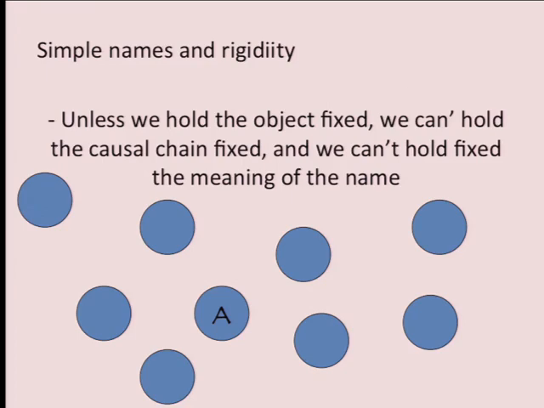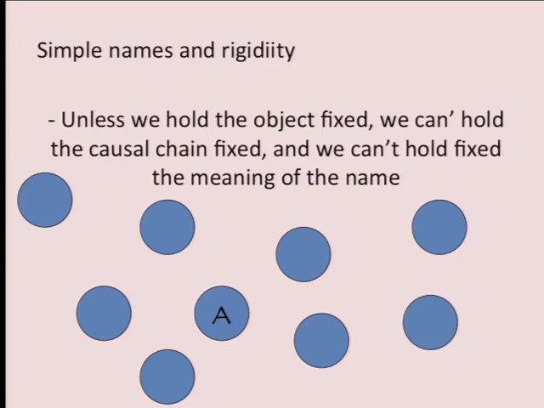Yeah? That's all right? But if you've got a simple name, a name that doesn't have any structure, all that gives it meaning is a causal chain connecting it to the object, then if you're going to hold constant the meaning of the name, and then use that name to describe different counterfactual scenarios, it seems like you must hold the causal chain fixed. Because the causal chain is all that's fixing the meaning of the name.